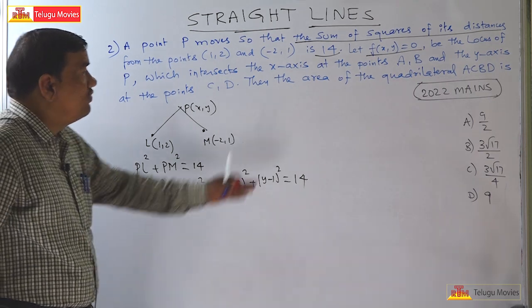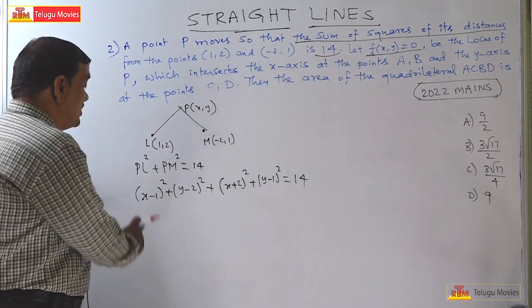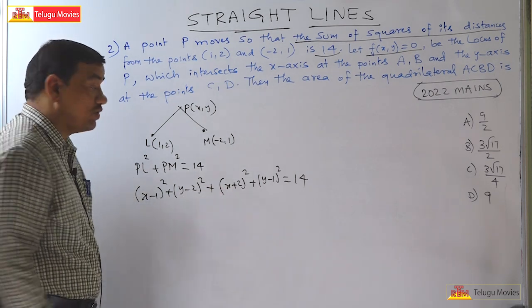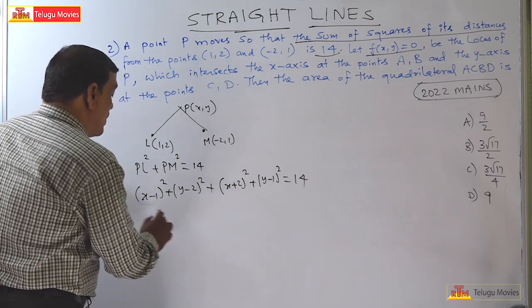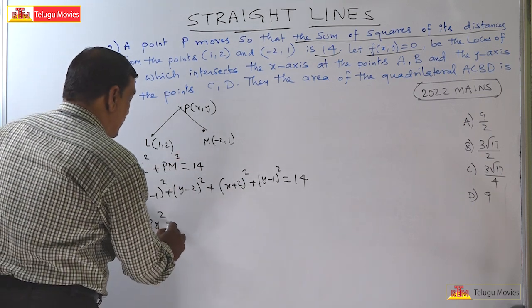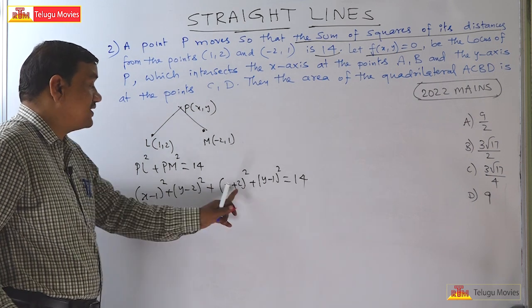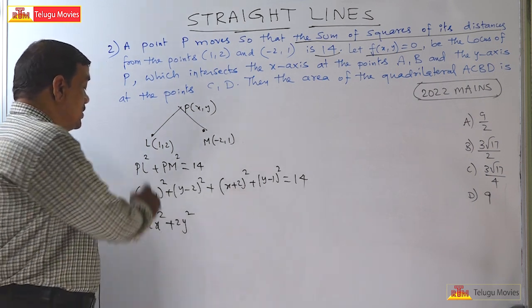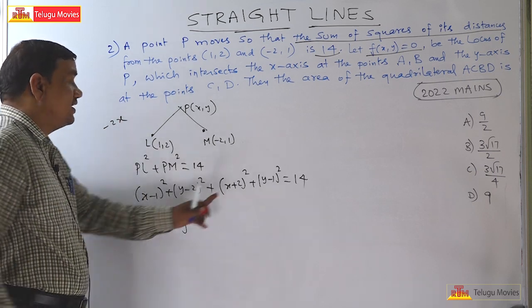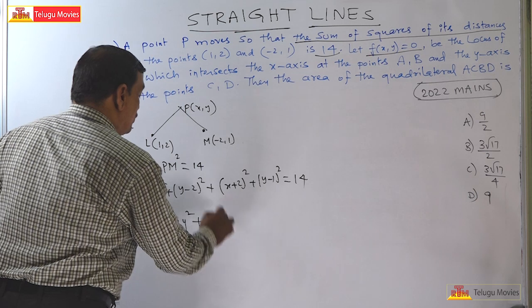So from this you will get an equation in the variables x and y. This is x square, here also x square, so 2x square. Here y square, here also y square, so 2y square. Here minus 2x, here plus 4x, altogether plus 2x you will get.